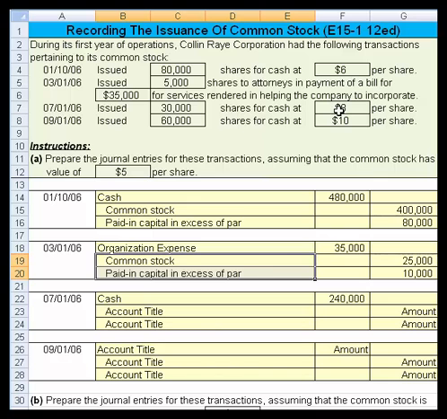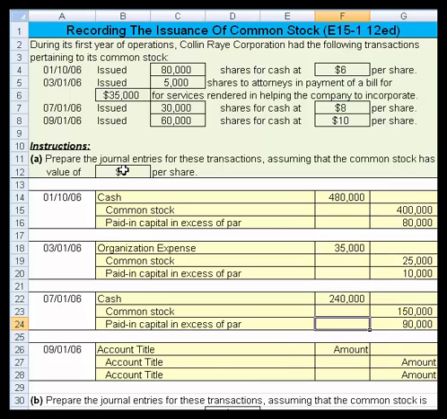So let me just copy this, and I think it'll work. Common stock is going to be equal to the 30,000 shares at the $5 value. It's 150,000. And I can copy that formula again, which will compute the difference between the cash proceeds and the common stock, and that amount becomes the paid-in capital in excess of par value.